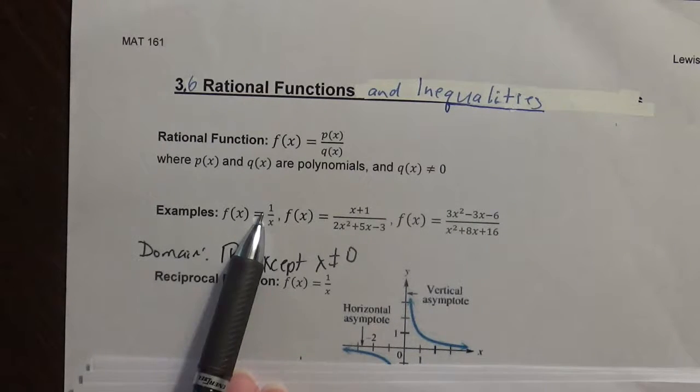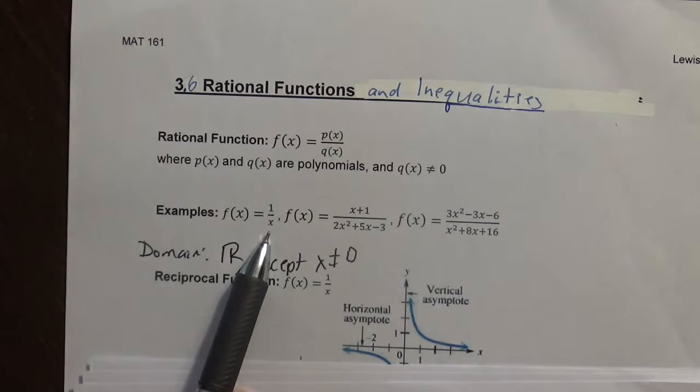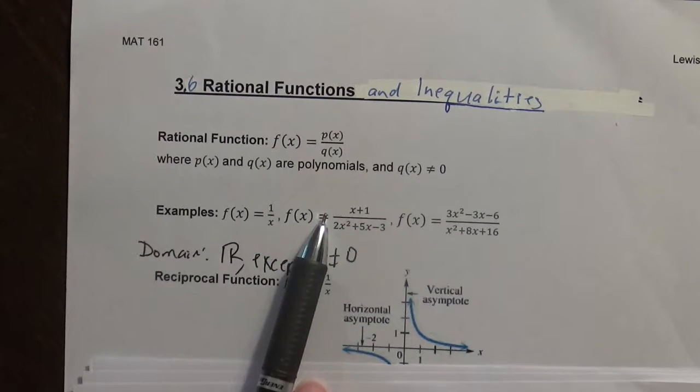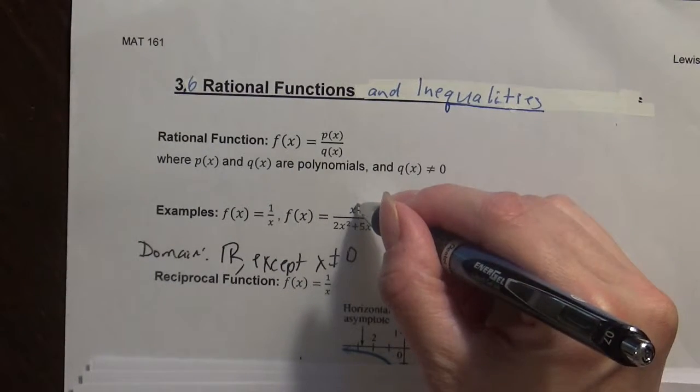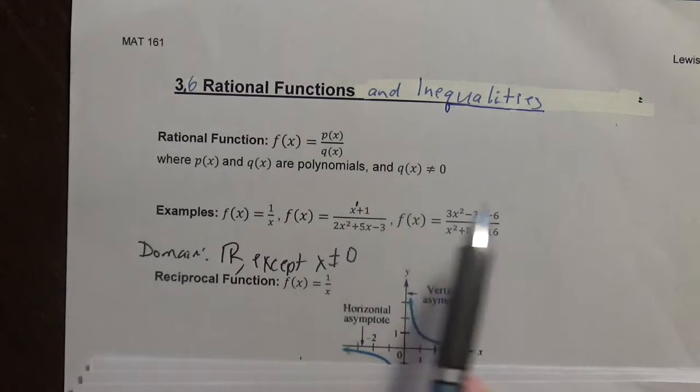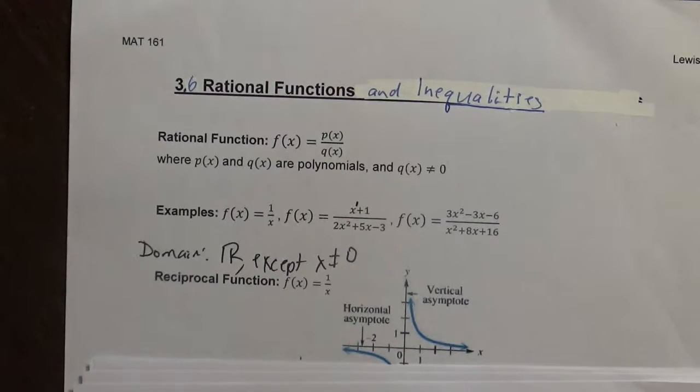It's just x to the 0 power. My denominator has degree 1 because I've got x to the first. In my second example, my numerator has degree 1 because the exponent is x to the first. And my denominator has degree 2 because the largest exponent is the square. So that's what we mean by degree.